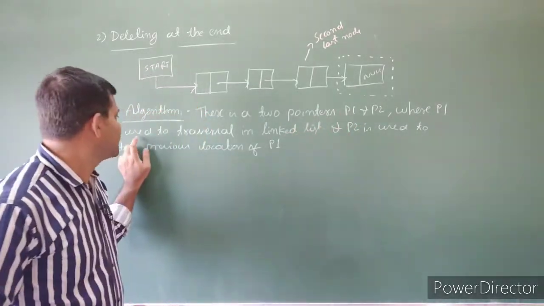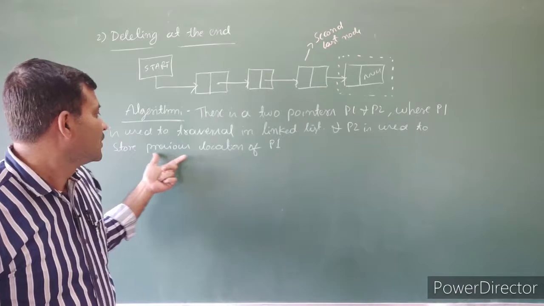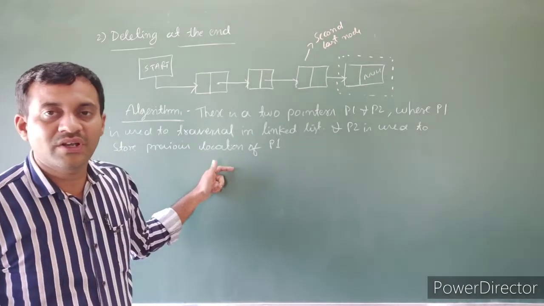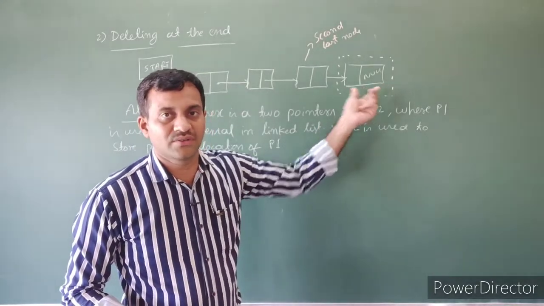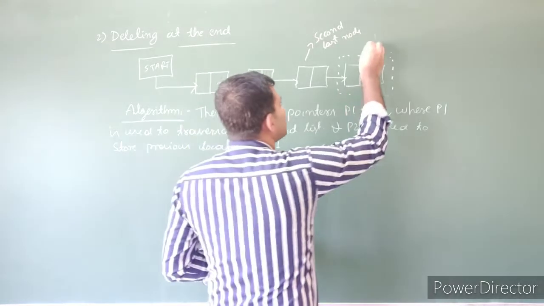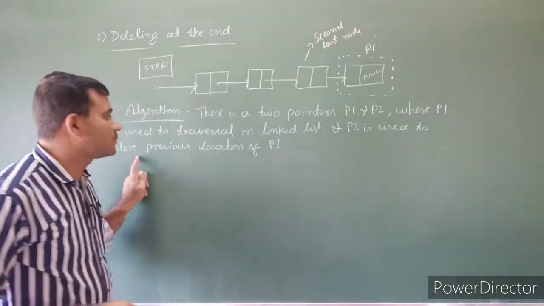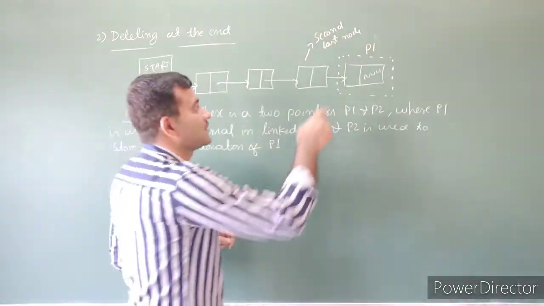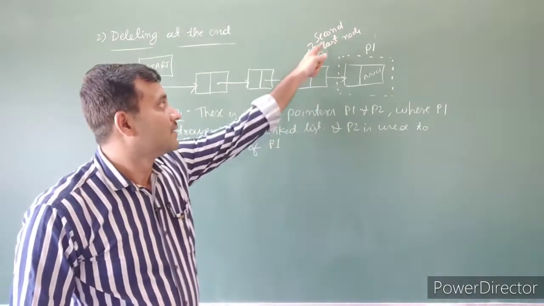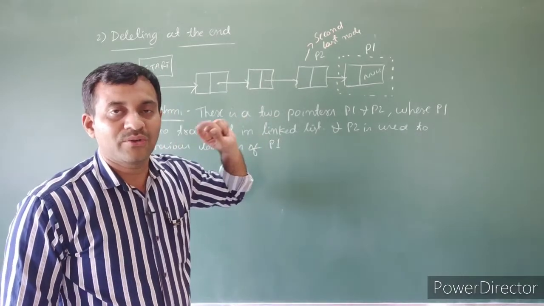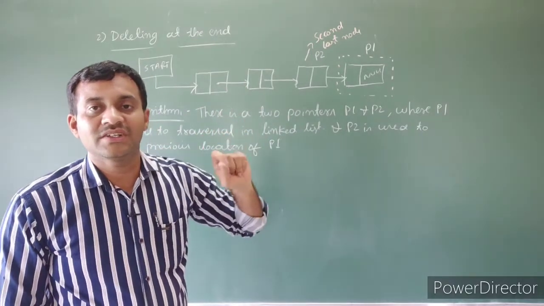First we have to identify which one is the last node. Let this be the last node; it is identified by P1. Then P2 is used to store the previous location or previous address. If this is P1, then this is P2. The second last node is P2. We have to fill the P2 link part with a null value.